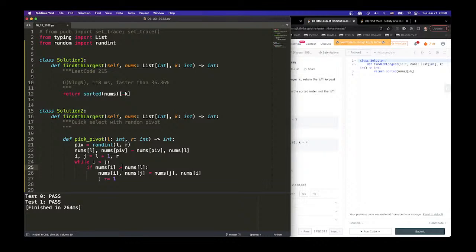If i is larger than this, then we swap with j. Because j is on the right side, right? We swap with j, so j gets something larger, so j is going to minus equal 1. And i always plus equal 1. So if it's smaller, then we just keep moving; smaller, bigger, boom, swap.